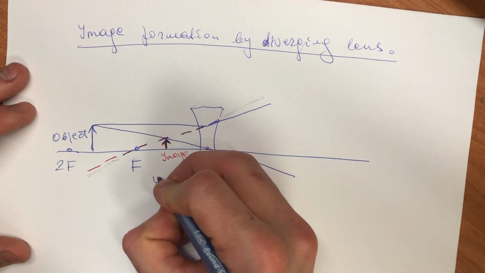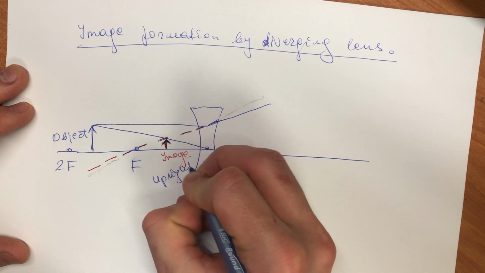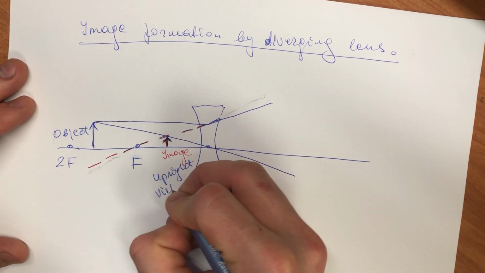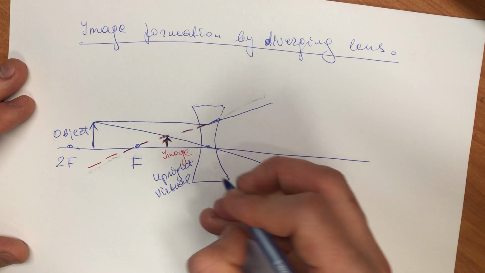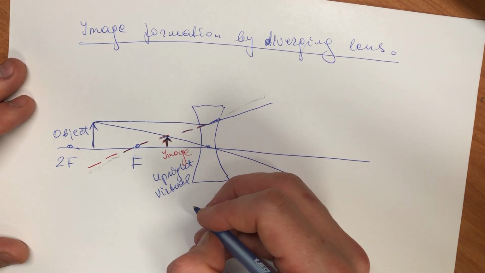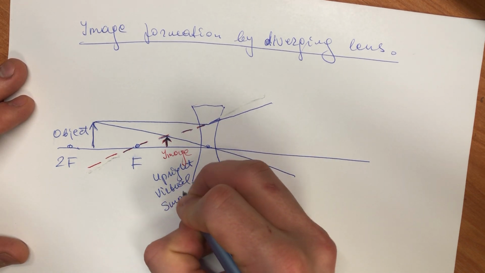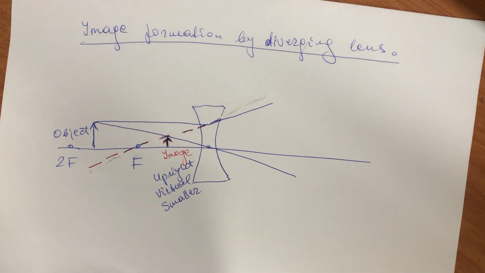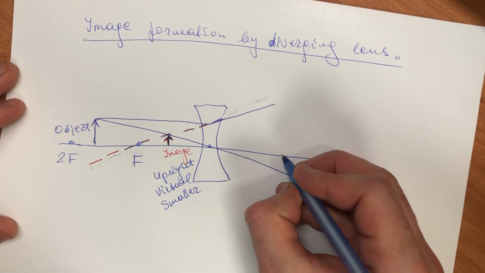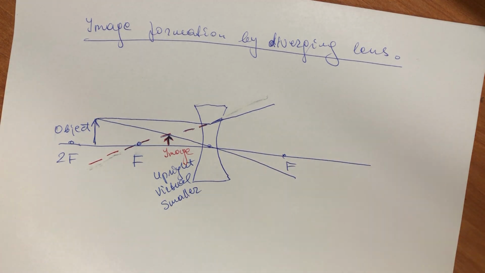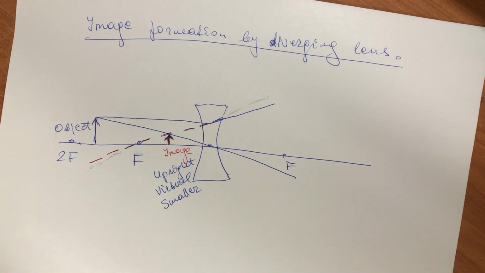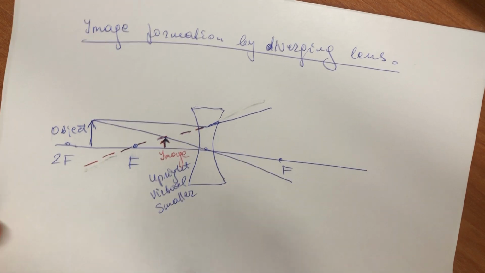So it is upright, virtual, and what is it? Smaller than the object. Okay, and at this point there is F again. So this is how it goes. Okay, now there's a lot of drawing in these lectures.